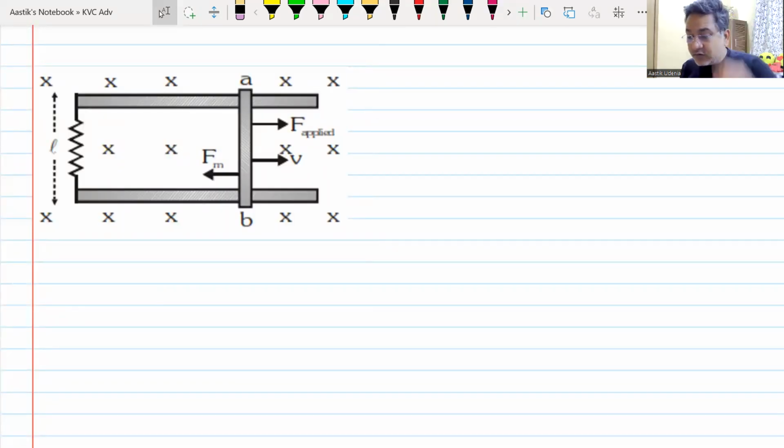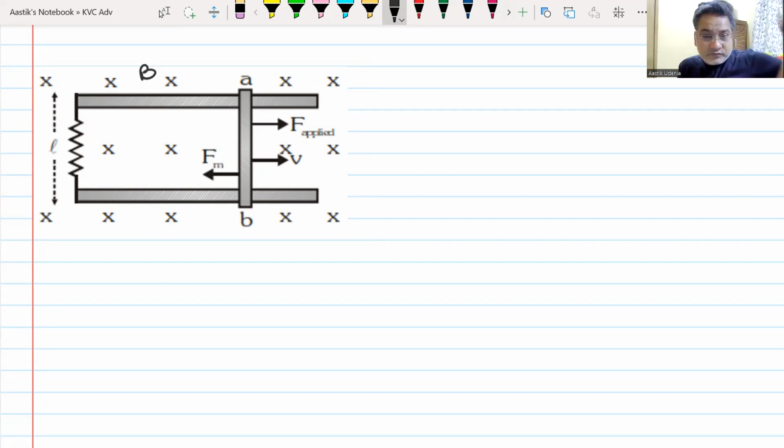So now I have a rod AB of length L moving with a velocity V in a magnetic field B, which is inside. Because of this rod moving inside this magnetic field, an EMF will be induced in the rod, yes or no? Yes.